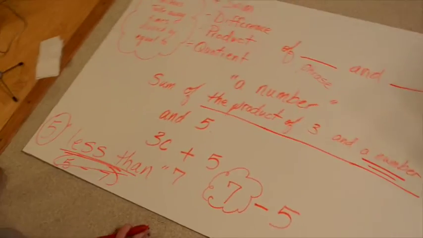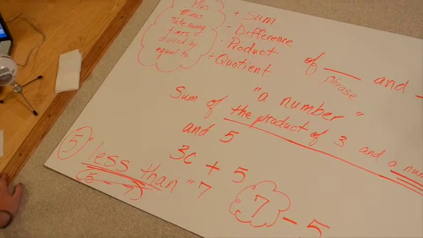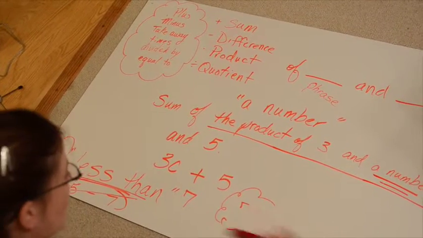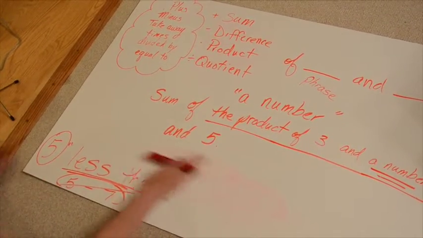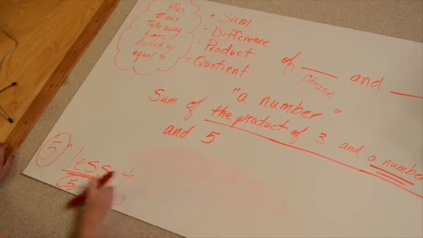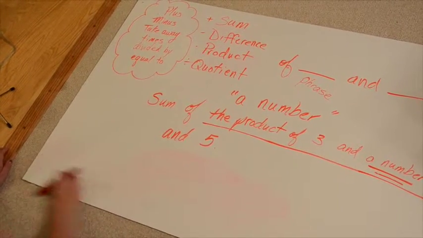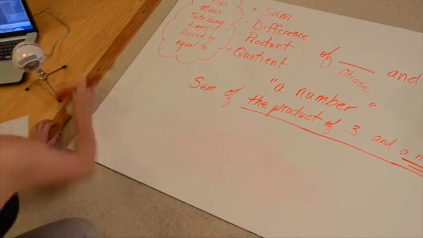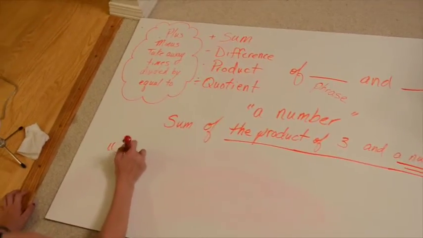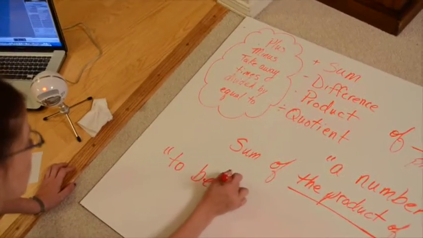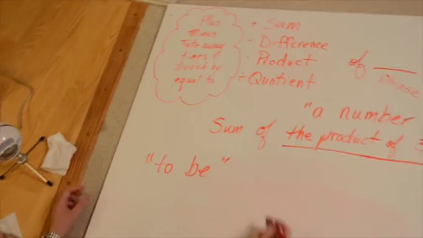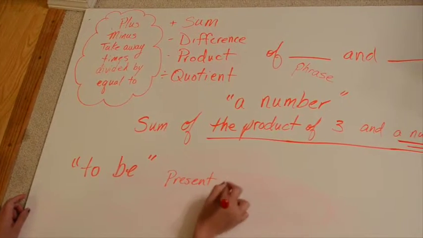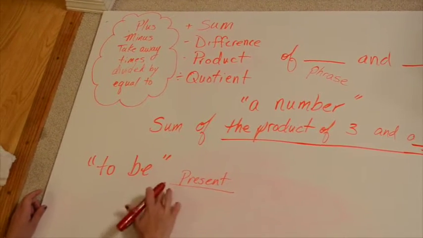And last but not least for our translation help today, the verb to be. If you've taken another language, you may have studied the verb to be, but in English, sometimes we forget that a lot of words are really that verb. So to be, when I do present tense, depends on the point of view.